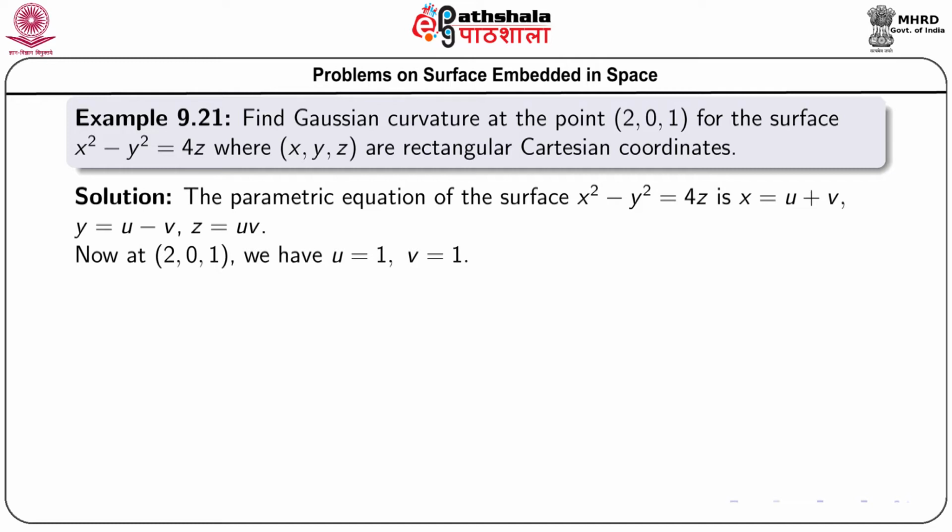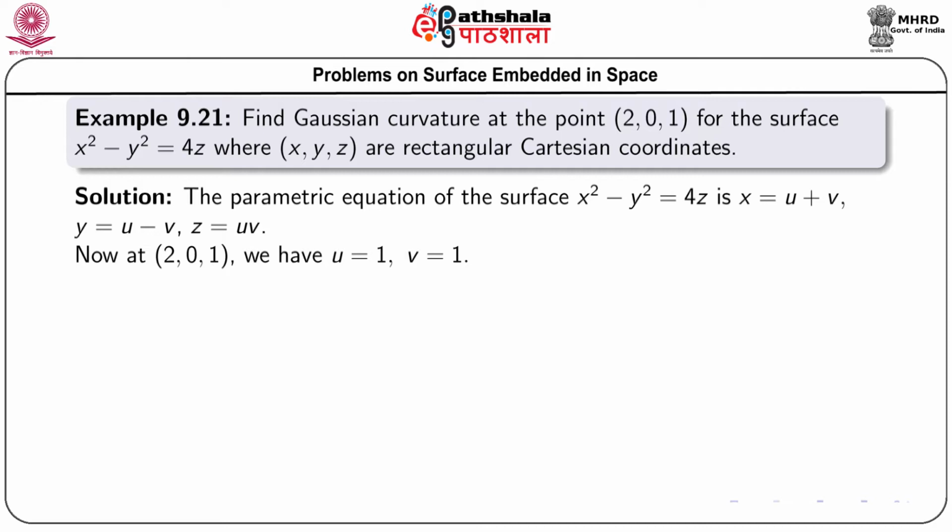So, for this surface we are trying to find the Gaussian curvature. Now, if we convert this one into parametric equation, then we write x equals to u plus v, y equals to u minus v and z equals to u v. And at 2, 0, 1 we have u equals to 1, v equals to 1.